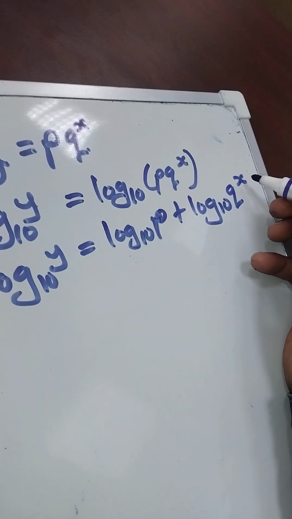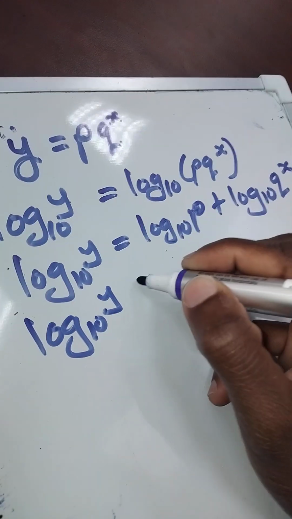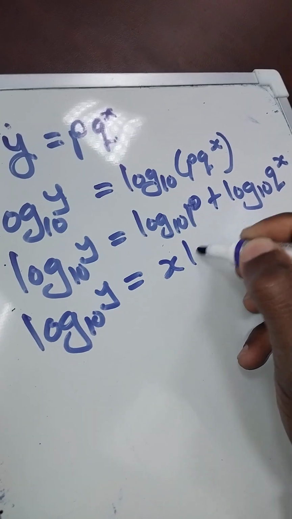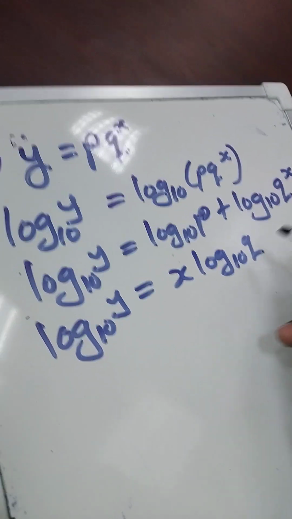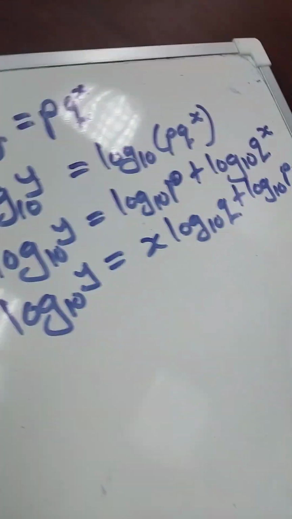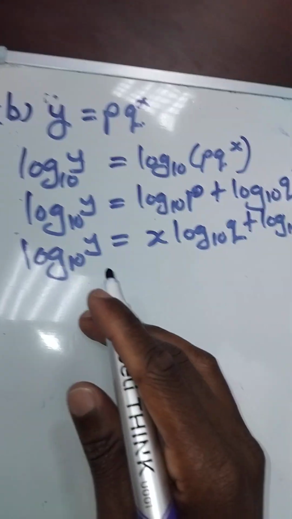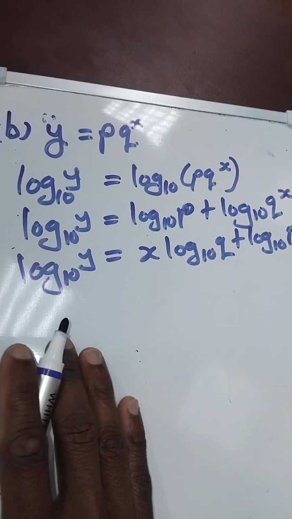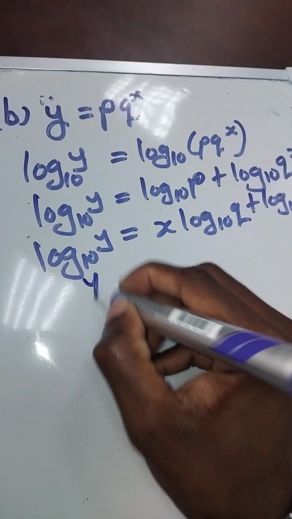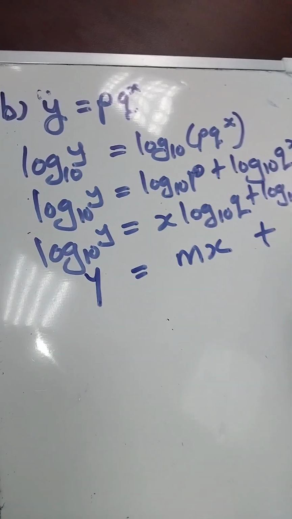So we have the general equation of a straight line: x log base 10 q plus log base 10 p. Now this is y, this is mx, this is plus c.